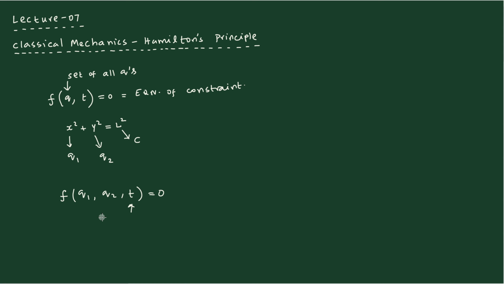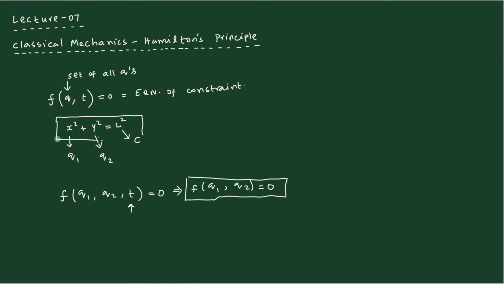In our case of the simple pendulum, t was absent. So since t is absent, we will be writing that f of q1, q2 would be equal to 0. This is the formal way of writing down the equation of the constraint corresponding to the simple pendulum case.